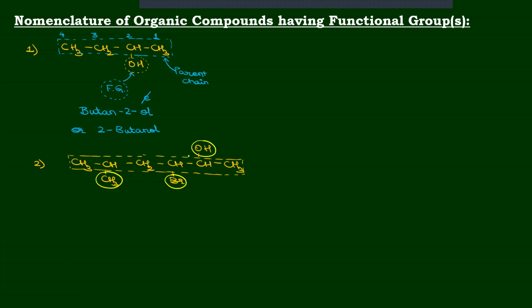So such compounds are first of all called polyfunctional compounds. When there is more than one functional group, we call them polyfunctional compounds. Now for polyfunctional compounds, to name them in IUPAC, you need to decide out of the 2 functional groups which is the main functional group.